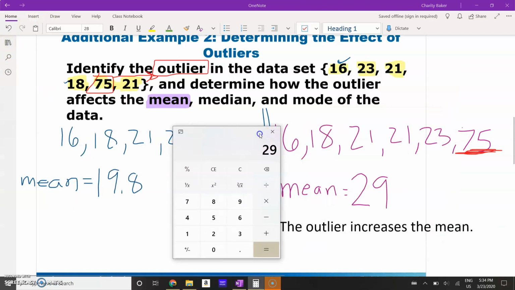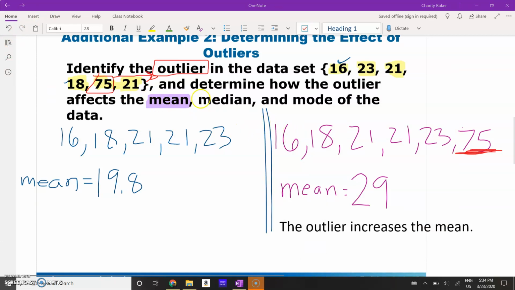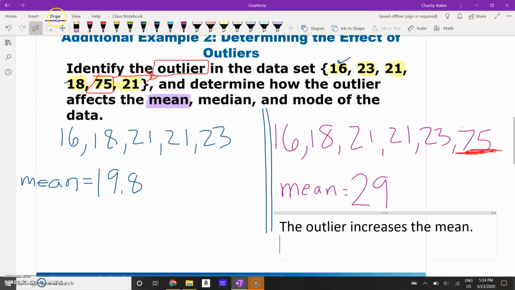Okay, now what else are we supposed to do? We also have to talk about the median. So the median of this first set here. We find the median by finding the middle number, okay? And it has 5 numbers, so the middle number is 21, right? 2 on the left, 2 on the right. So the median is 21.